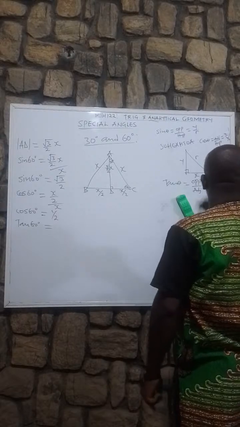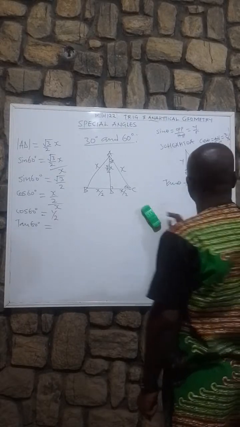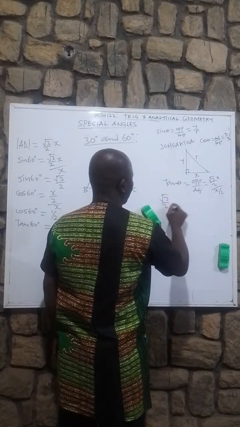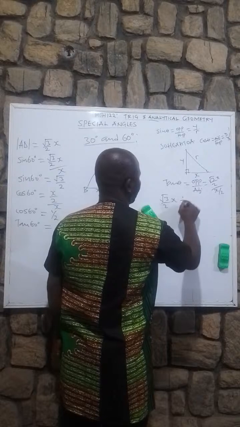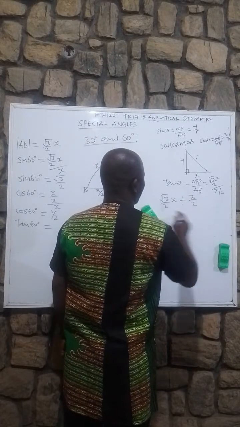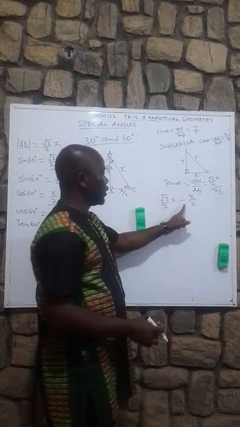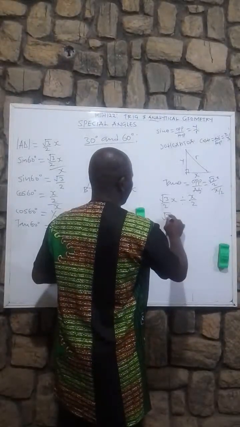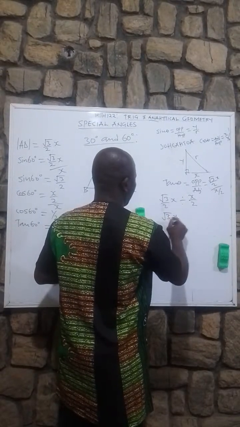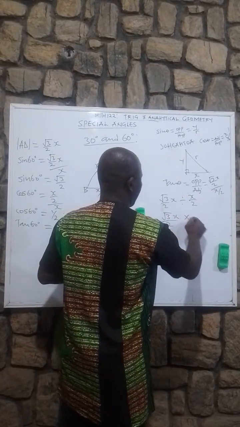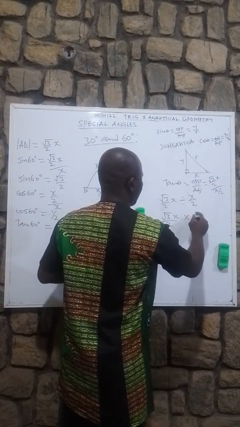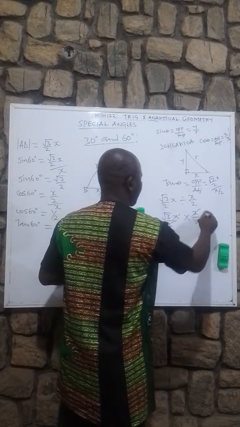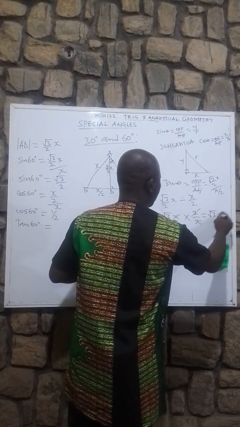So if you can see what I am saying here, when we have root 3 x all over 2, then divide x all over 2, it means we convert this to multiplication, right? The division sign. So root 3 x all over 2 times, this one will come up, this one will come down, 2 all over x, this and this will cancel, this and this will cancel. It means what? Root 3.